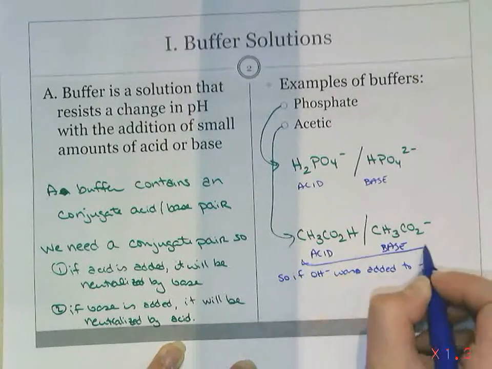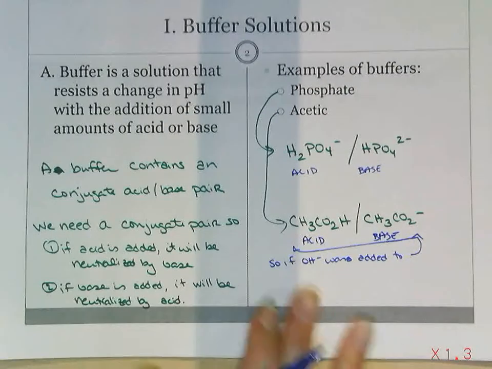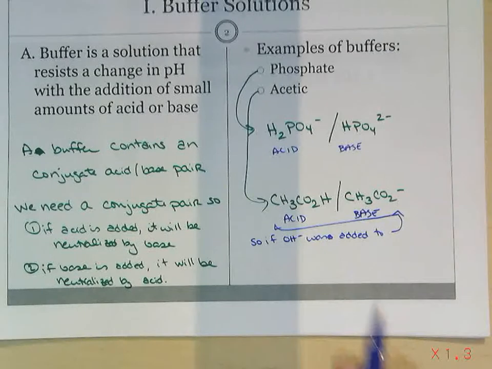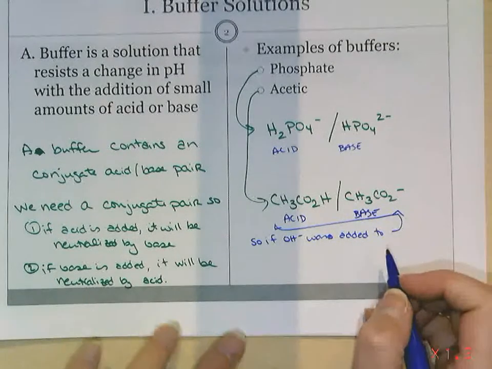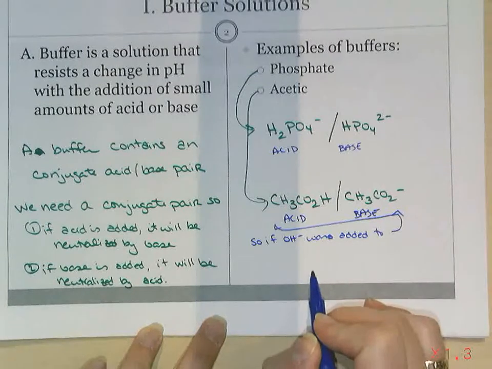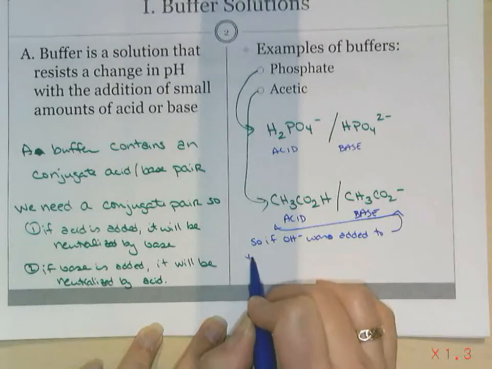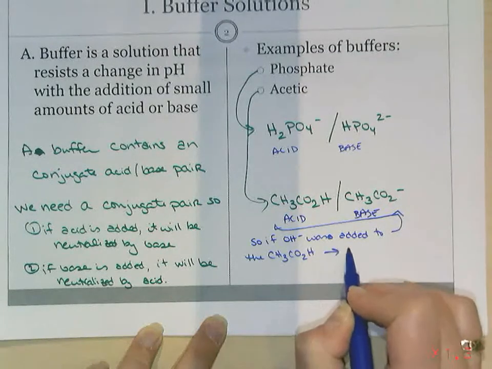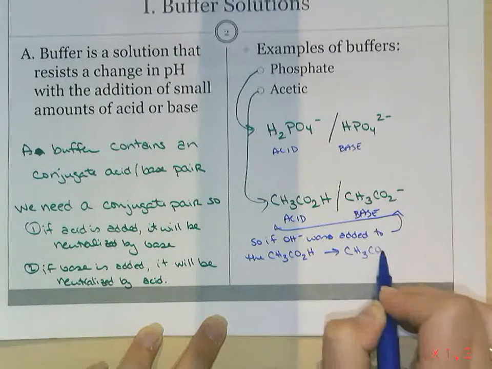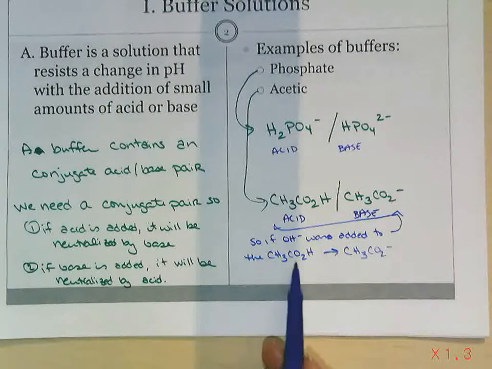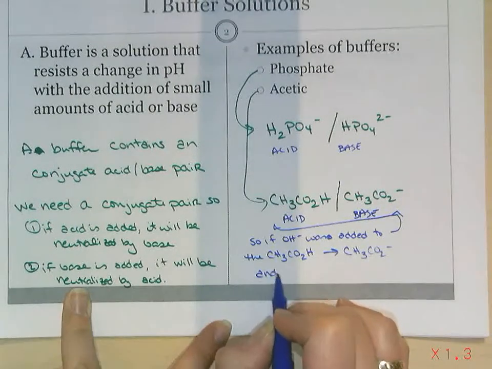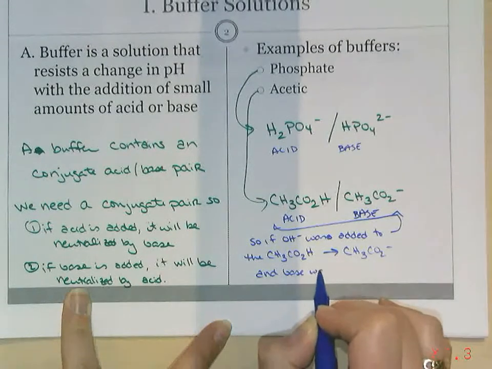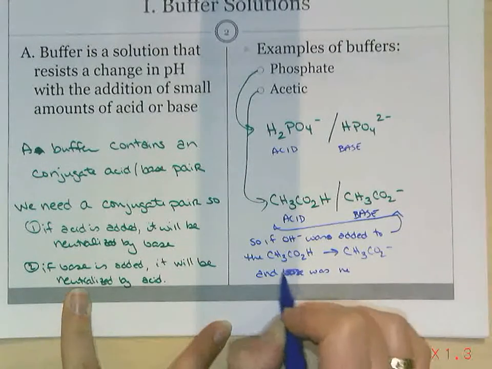So if I add some OH minuses to the solution of the acetic acid and acetate ion, the acid becomes the acetate ion, and the base I added, the OH, is neutralized.